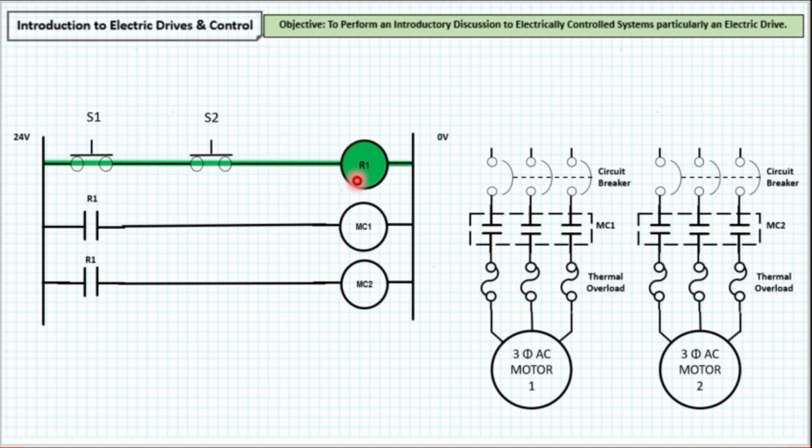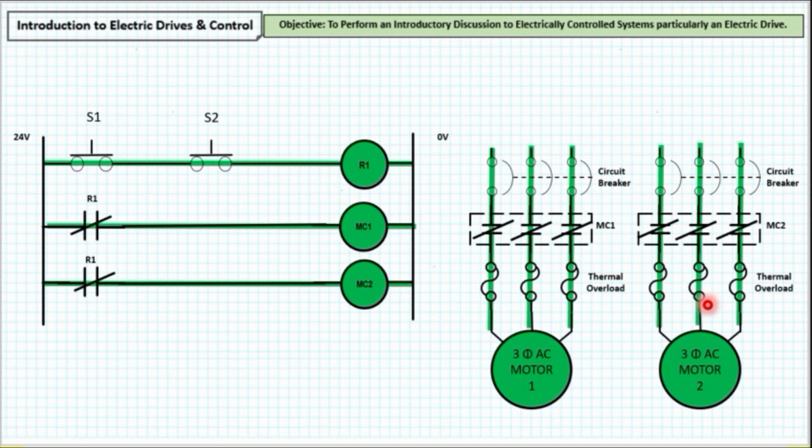And then if the R1 coil is energized, the R1 normally open contacts connected to the magnetic coils will change state. Magiging closed contact na sila. And the magnetic contactors 1 and 2 will also function. Since nag-function na yung MC1 and MC2, their open contacts will be closed. So, by changing state, the coils of MC1 and MC2, dahil energized na sila, will result in the closing of these contacts, MC1 and MC2.